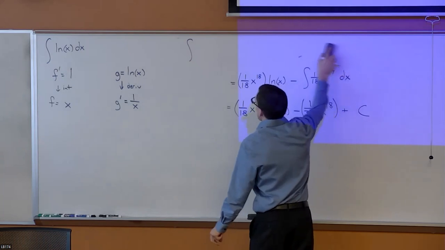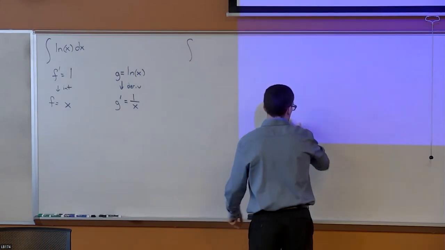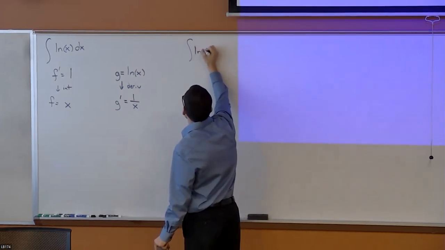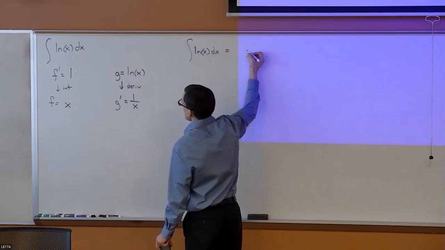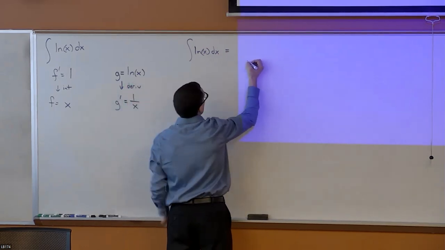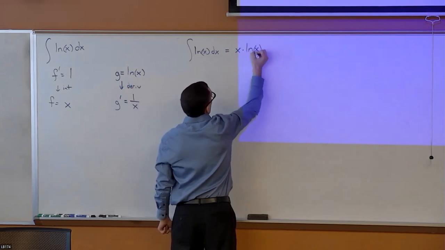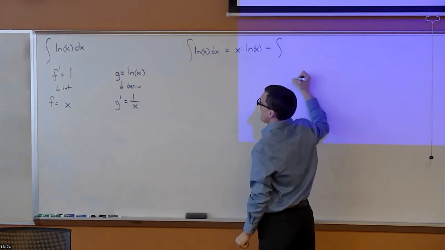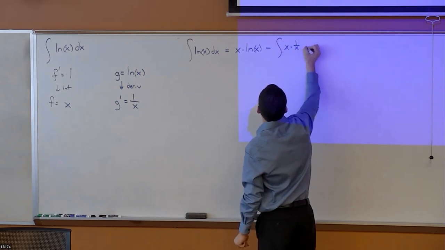Obviously, the natural log of x has derivative 1/x. So that tells me that if I want to find the antiderivative of natural log of x, I can take f times g, that's x times natural log of x, minus integrate f times g prime.